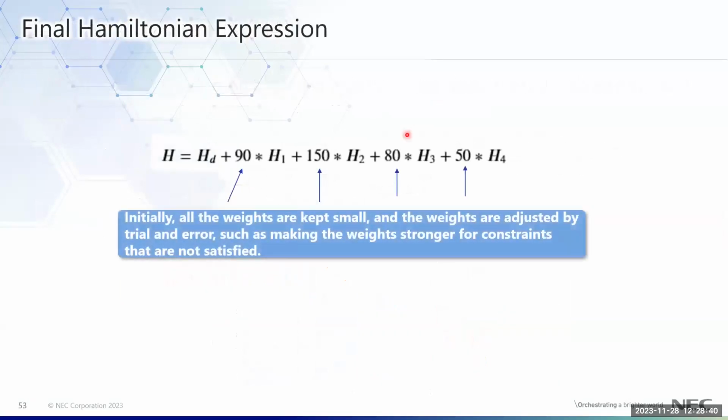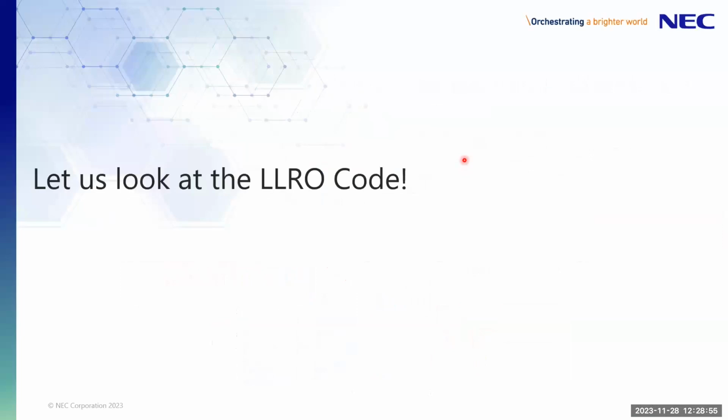And when you finally have all these 4 constraints, you can add more penalty based on which constraints you want the most to be penalized versus which ones you're okay with. And finally, we can look at the LLRO code. I encourage everybody to look at this code yourself and try running it.